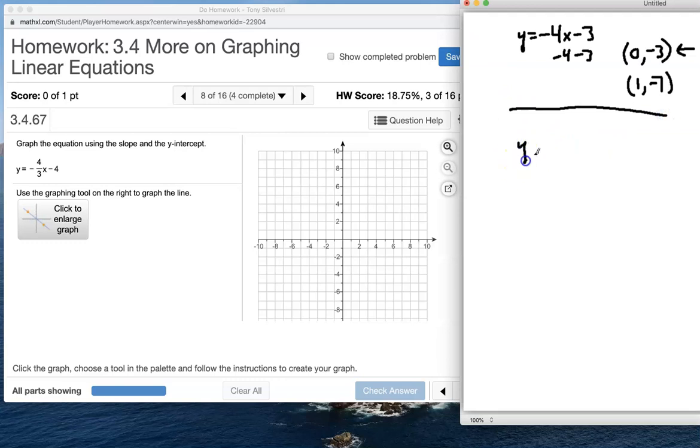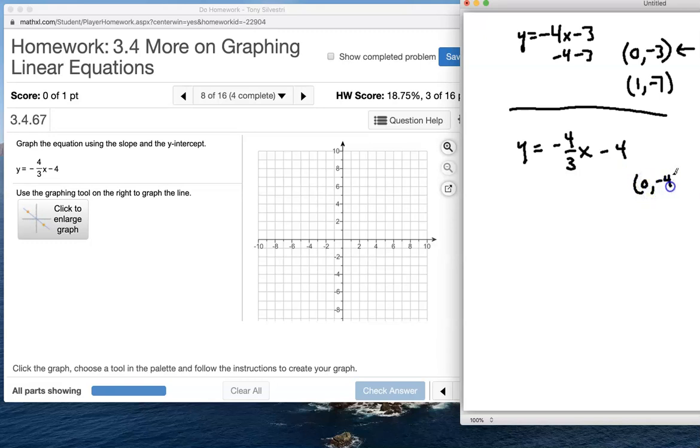So let's write down y equals -4/3 x minus 4. If x is 0, what's y? That just happens to be the y-intercept. 0, comma, -4.